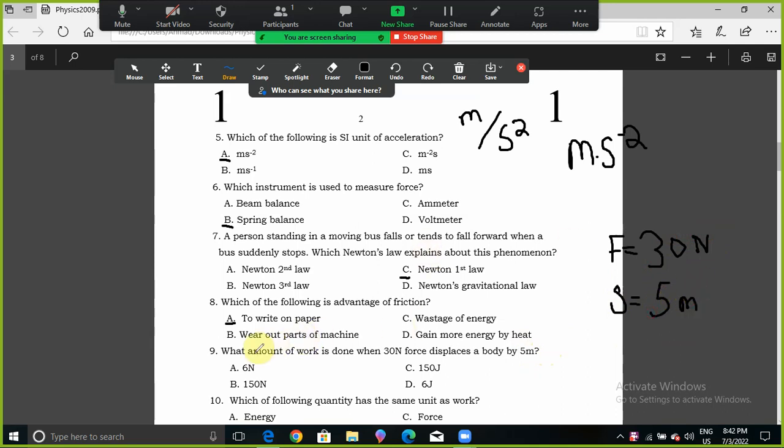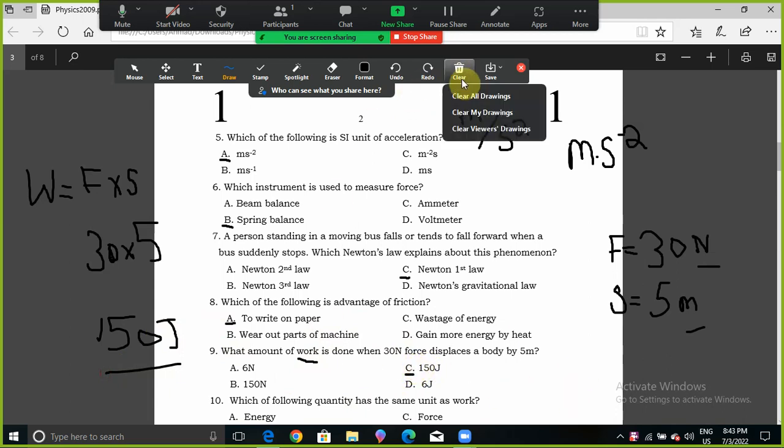The required is work. The formula of work is force times distance. So 30 times 5 meters is equal to 150 joule. Why? Because Newton times meter gives us joule. The correct answer for question number 9 is C.